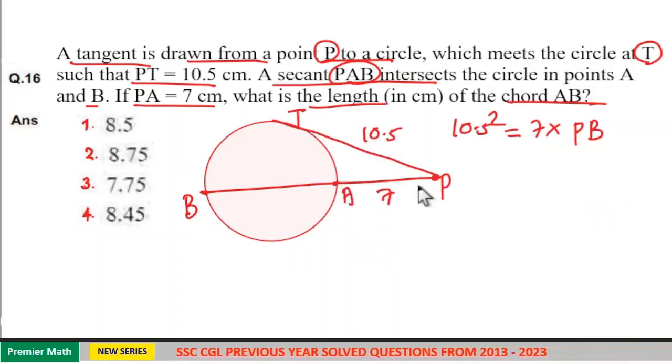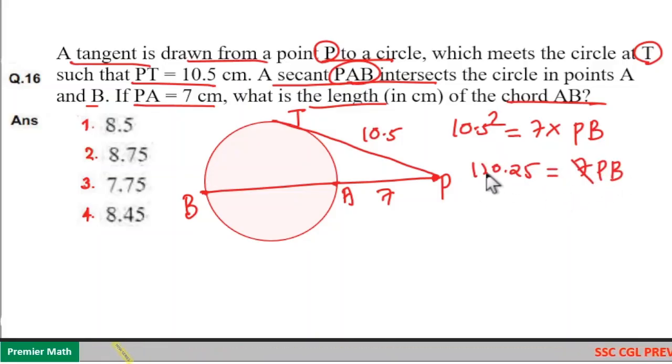7 is external segment of the secant. Now 10.5 square means 10 square is 100, 0.5 square is 0.25, 2 into 0.5 is 1, so 1 into 10, 10. So 110.25 is equal to 7 PB.